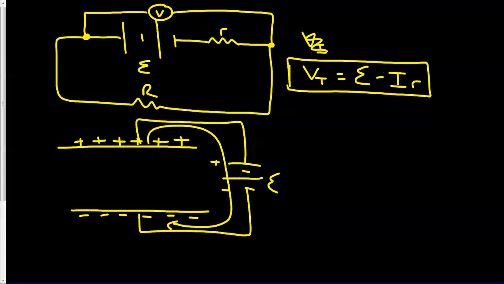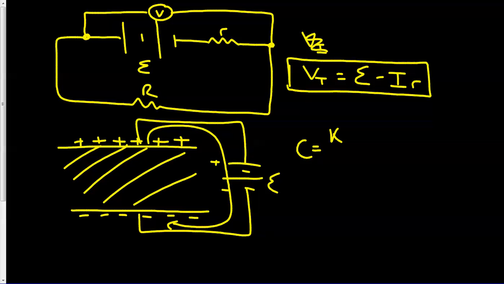That capacitance is calculated by taking the K value, which is the dielectric constant of the material between the plates, and if we assume it's either air or a vacuum, we have a value of 1.00, times epsilon naught, multiplied by the area of those plates, so how big they are, divided by the distance between the two.